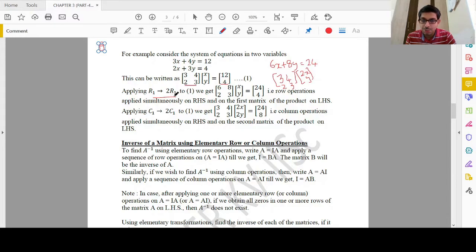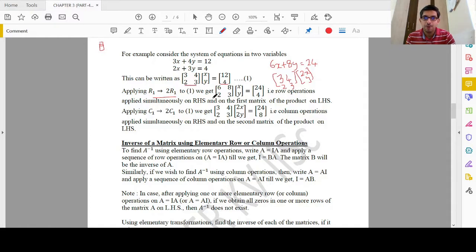Then the first row of the second matrix will change, that is, it will become 2x comma y. So the entire equation will change. We will not get an equivalent equation. So in order to apply a row transformation, it is needed to apply it on the first matrix of the product.